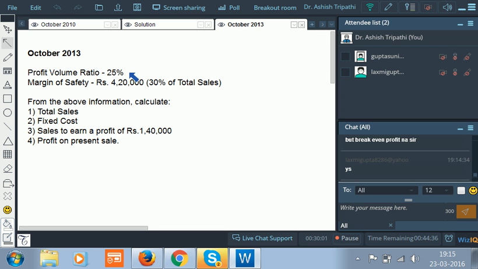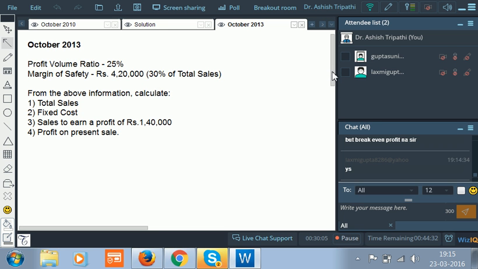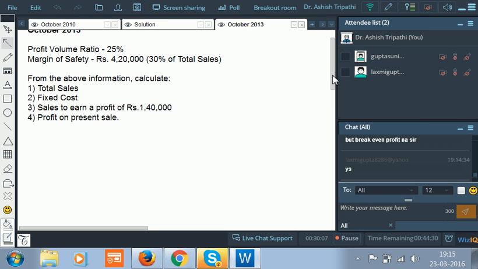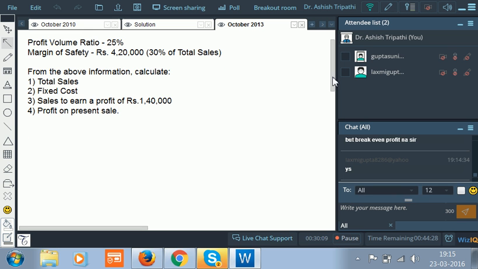So these are the four things that we will have to calculate, and we have only two informations. In fact, three informations available with us. Two information available, we can easily calculate the third information. So let us try to solve this question.